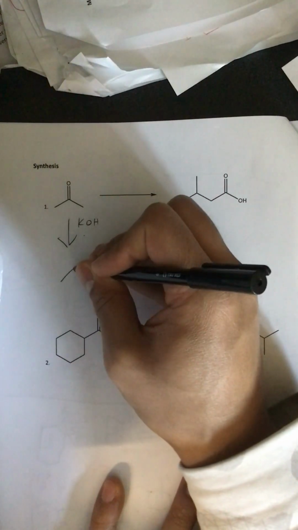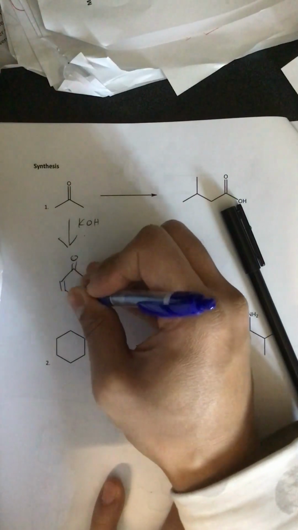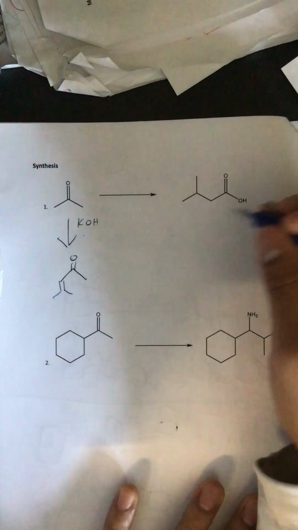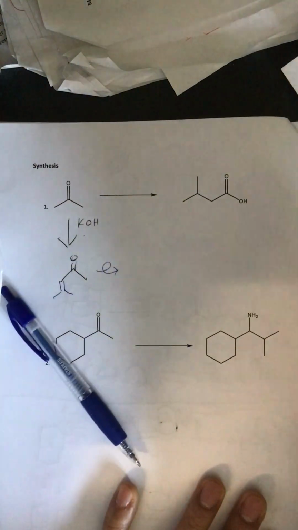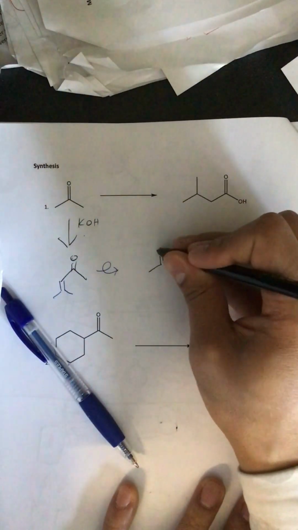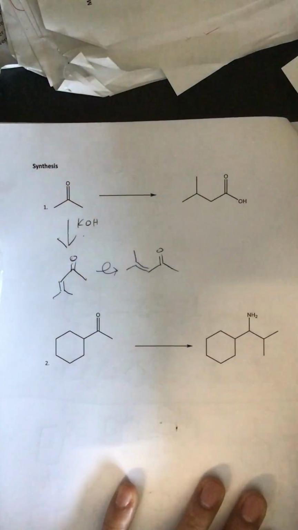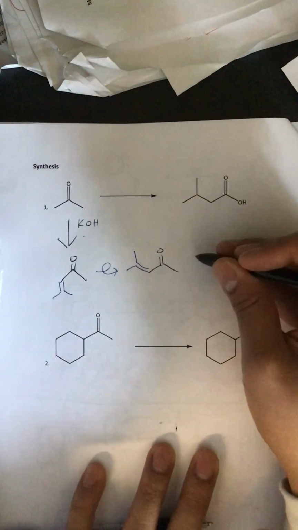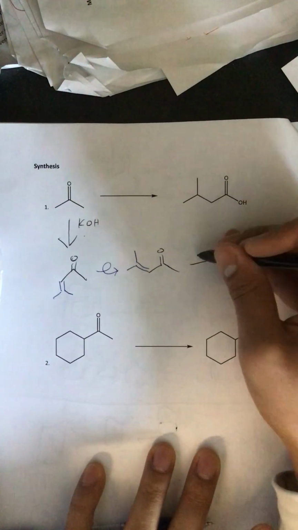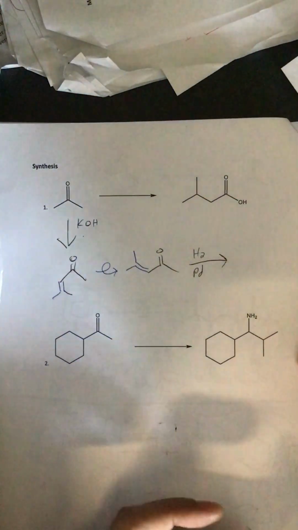And then I will get this. I'll just rotate this so that it looks more like the final product. All right, everyone see how that is there. Now, I can use H2 and palladium on carbon.